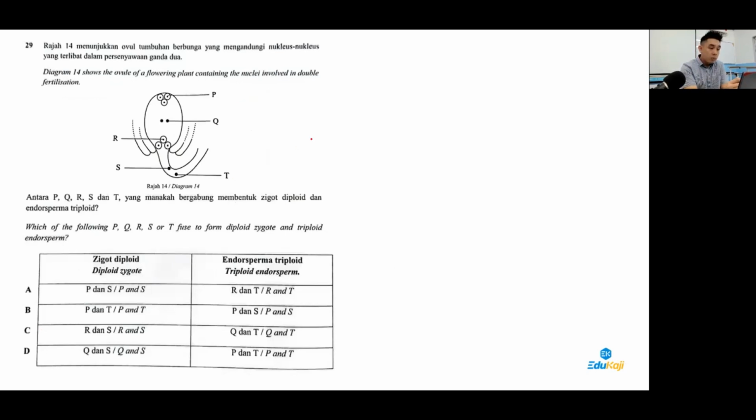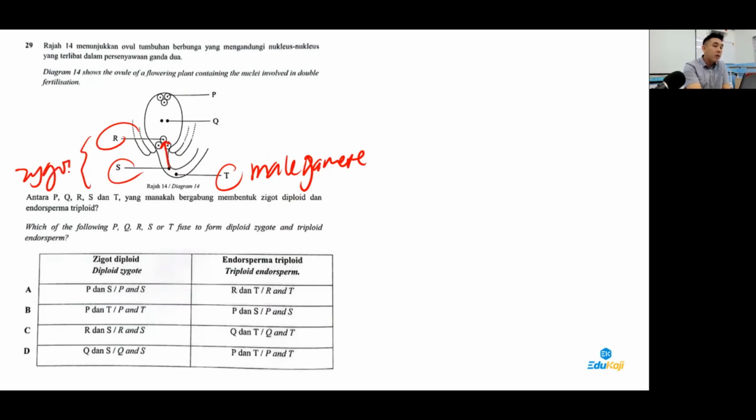So these two should be the male gametes. Yeah, male gamete. Now, male gamete, so let's say this one fertilize, becomes zygote. The other one will fertilize this, become the triploid nucleus.